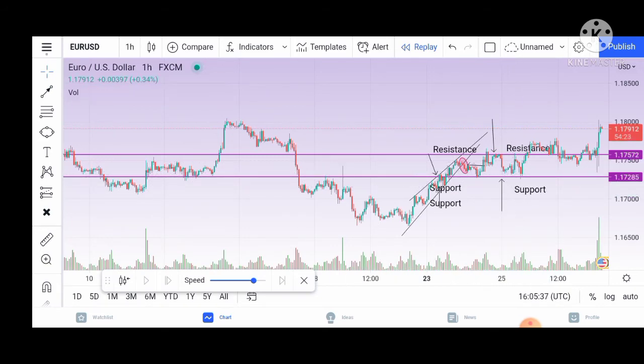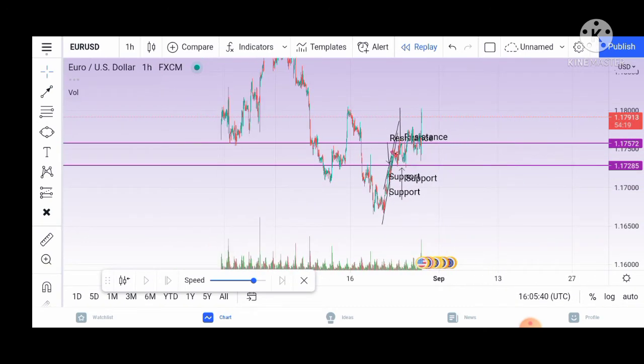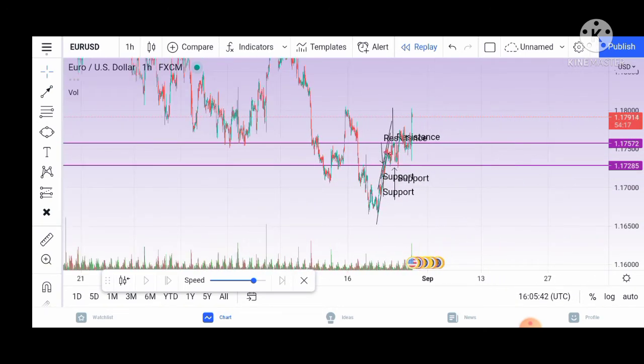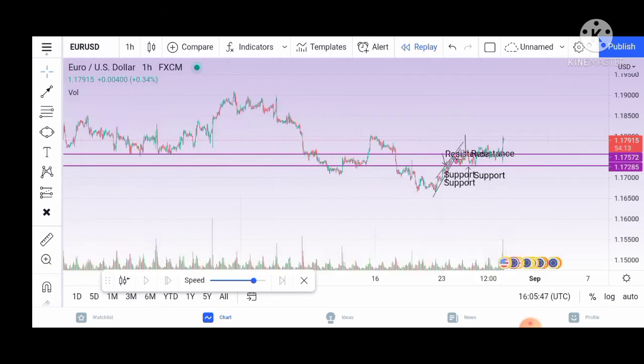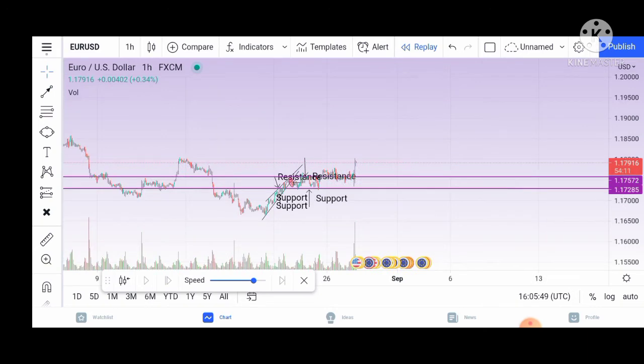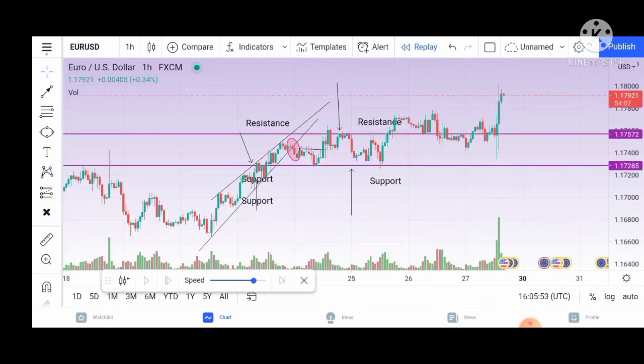If you keep going through the chart, you realize that this particular zone will serve as either support or resistance. There is another thing I want you to understand: whenever a support line is broken, it forms a resistance on that particular line. Whenever your support line is broken, it automatically becomes your resistance line. When a resistance line is broken, it automatically becomes a support line.